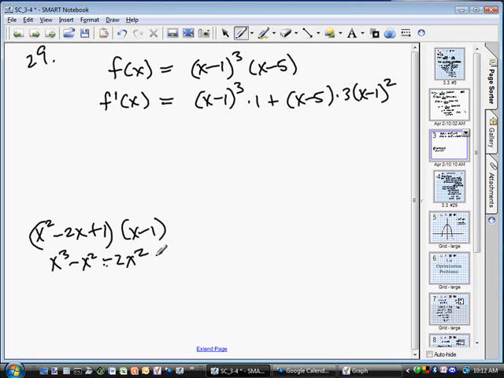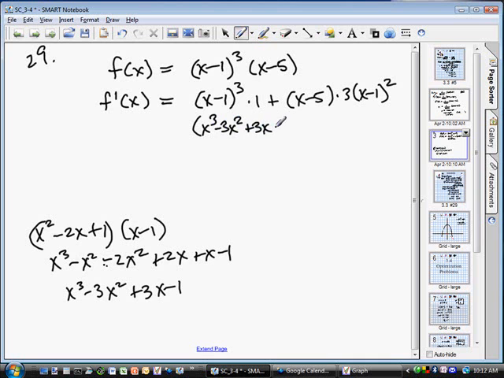Minus 2x squared plus 2x. Plus x minus 1. So that's x cubed minus 3x squared plus 3x minus 1. And then over here, wonderful, we got another one of these things.